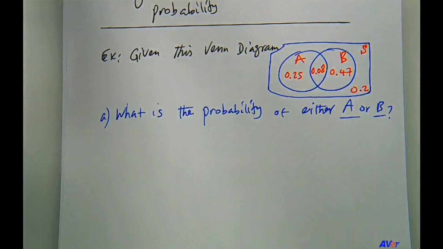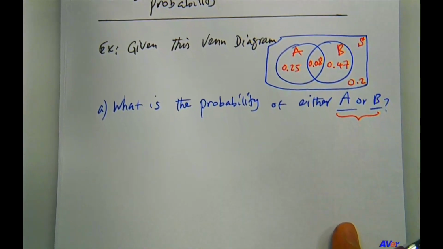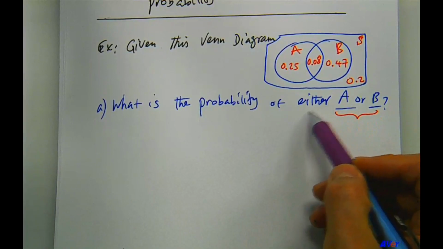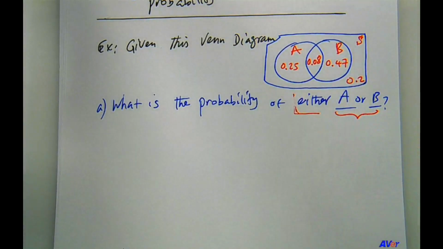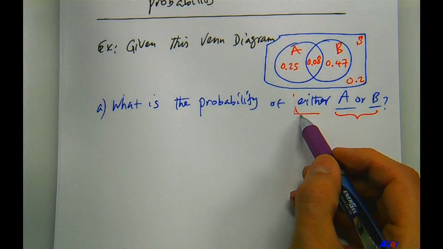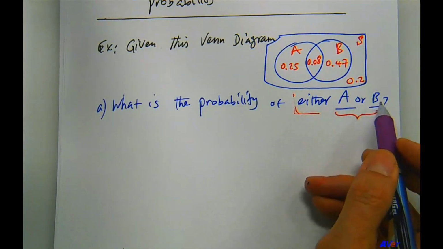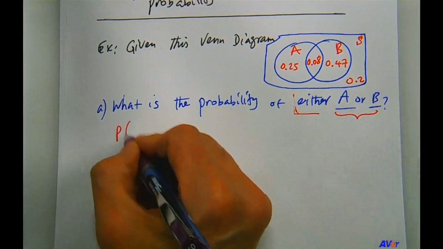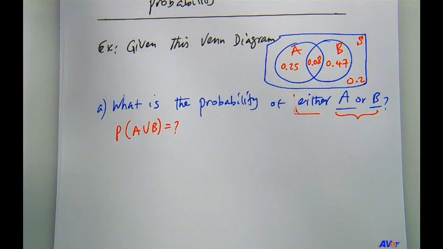Well, first, let's translate this to symbolic form. What is it that they're asking us? Do you remember what that phrase translates to? Either this or that or both, which is implied. That should bring to your mind the symbol of the union, right? Either this or that. So probability of A union B is what they're asking us.